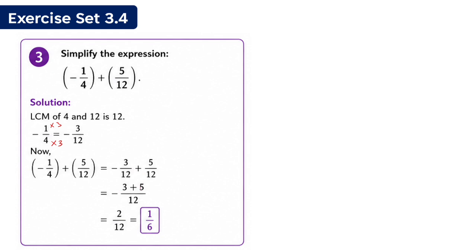So I'm going to subtract 3 from 5, which gives me a positive 2. Remember, 3 negatives and I have 5 positives. Each negative cancels a positive, and I'm left with two positives. So 2 over 12, which could be simplified by 2, as the common factor is 2. 2 divided by 2 is 1 and 12 divided by 2 is 6. So the answer is 1/6.